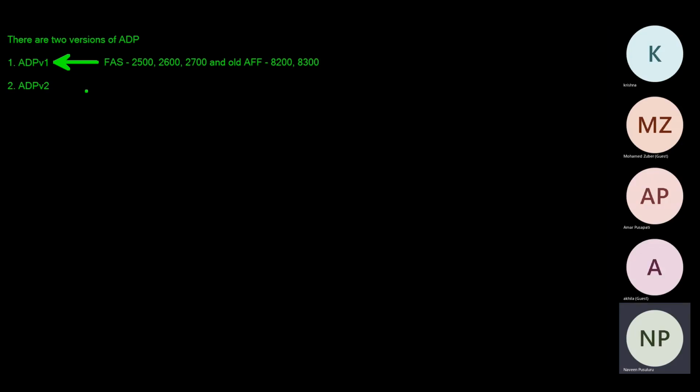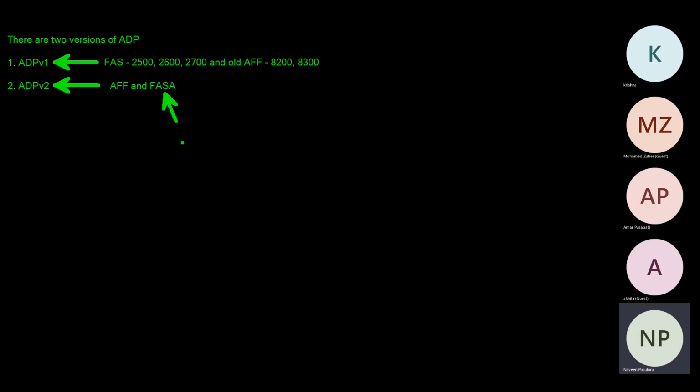And ADP version 2 is mostly for newer AFFs, which is a new generation of AFFs. And recently NetApp has introduced another series called the FAS A series. These are FAS arrays only, but again they'll support only flash drives.